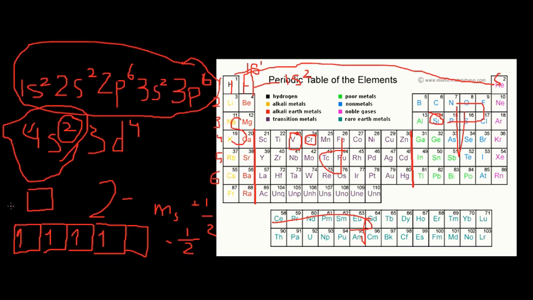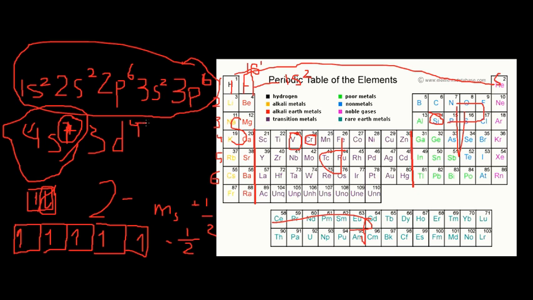The 4s2 would be like this, 1 up and then 1 down. This box is almost full, but if you take one of these electrons and move it over here, it would be 4s1 3d5.